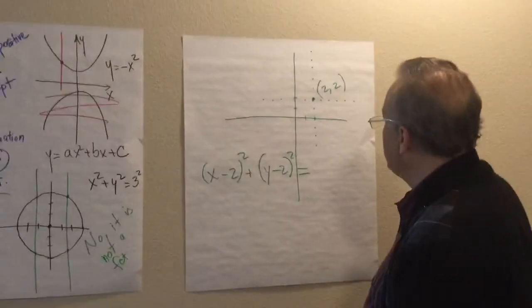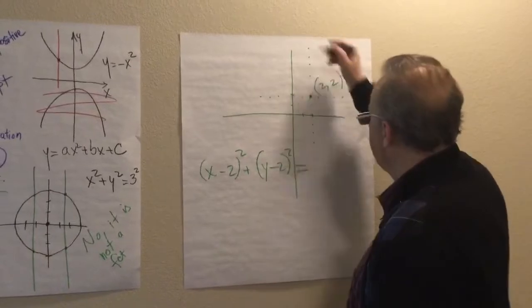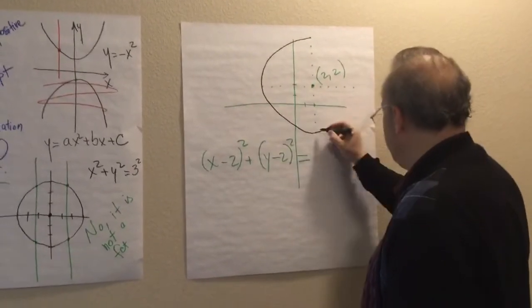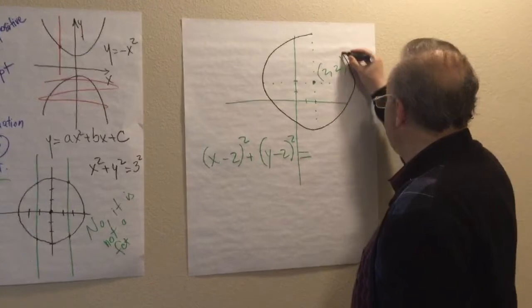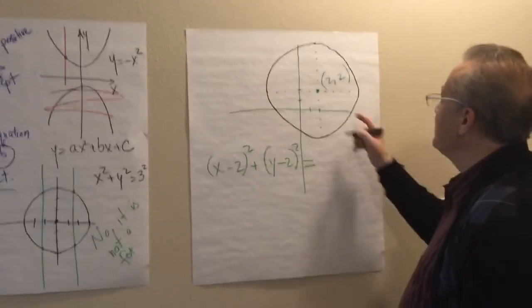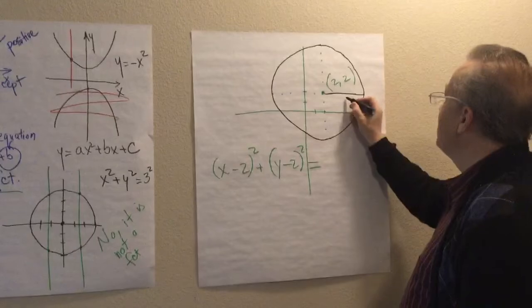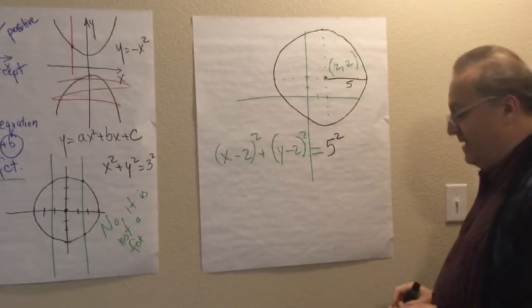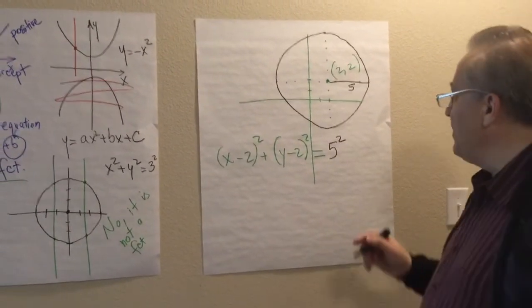So, I'm going to draw the circle. Again, is this a function? No, not the function. How much is the radius? 5. So I'm going to say 5 to the second. I'm going to now come with a formula.